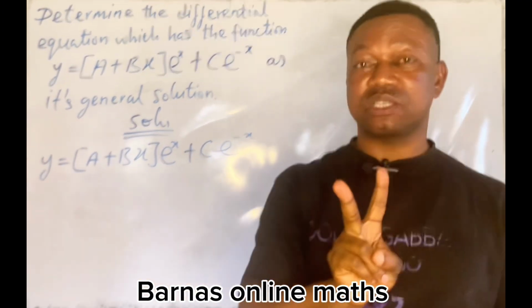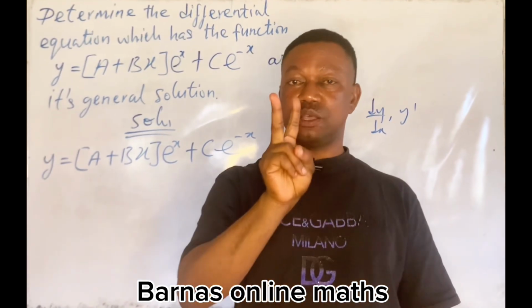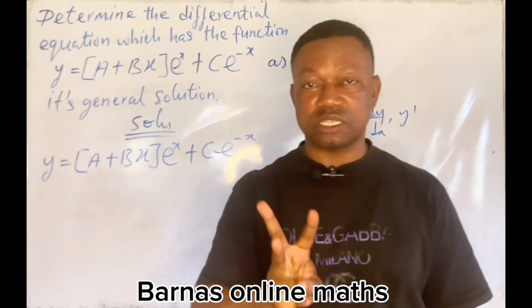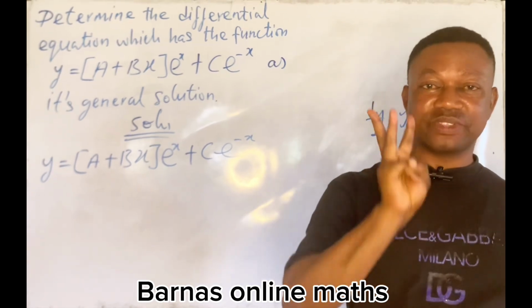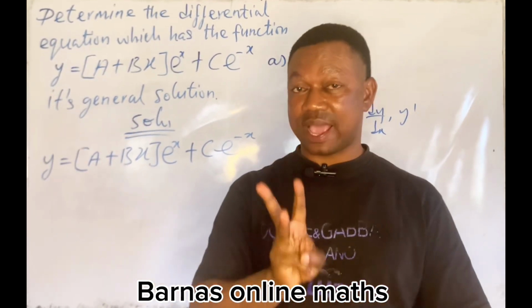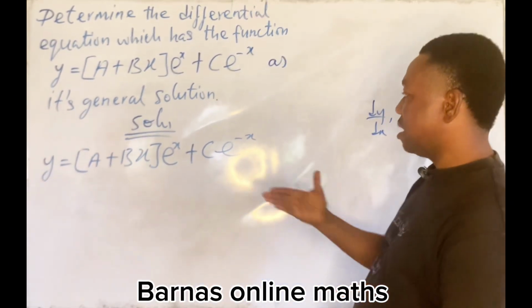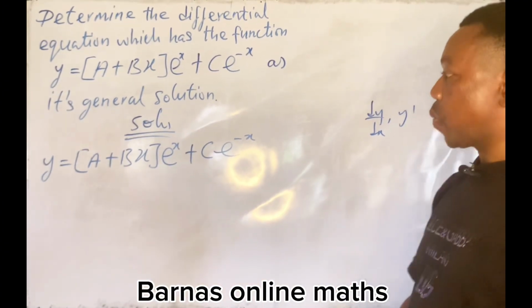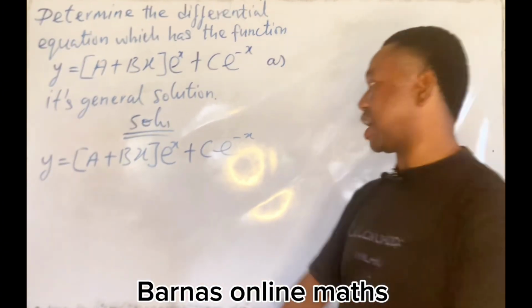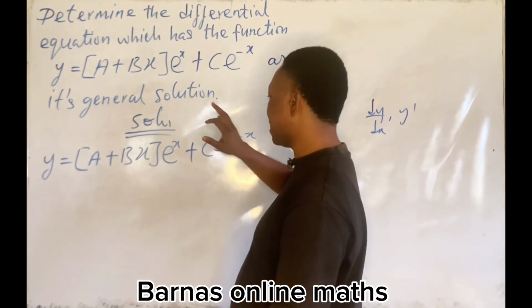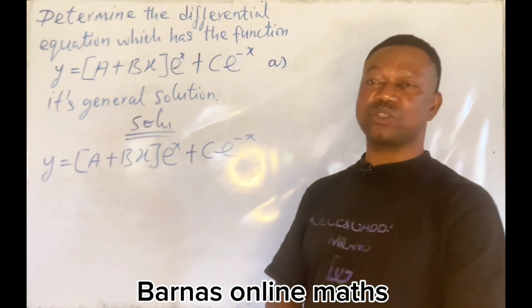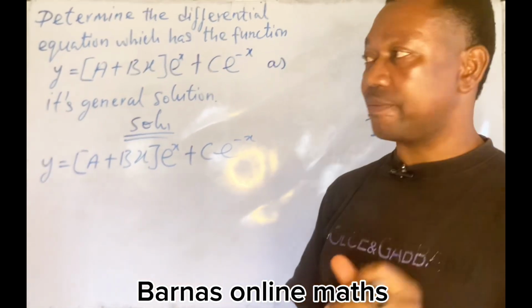If there are two constants, you differentiate twice. If there are three constants, you differentiate thrice. In the given equation, we have three constants which are A, B, and C, so we are going to differentiate up to three times.